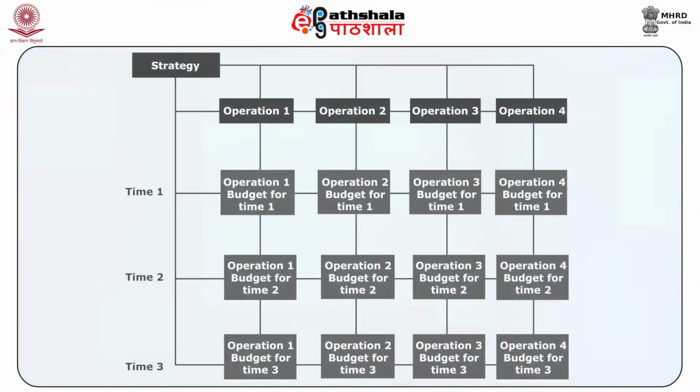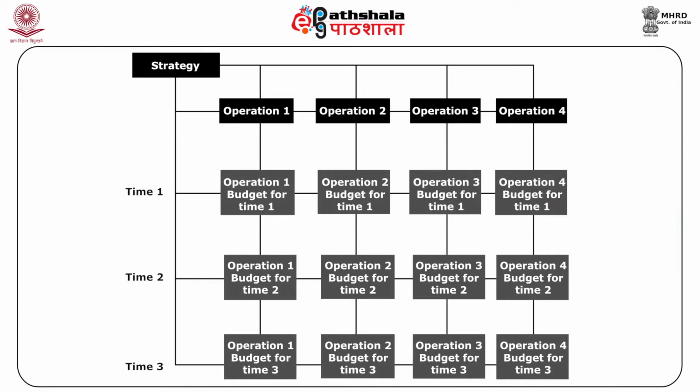Diagrammatically, it can be shown as follows: we have an overall strategy which is divided into 4 different operations, and at time level 1 operation 1 is effective and there is a budget for it at time 1. Similarly, there are budgets for operation 2, operation 3 and operation 4.